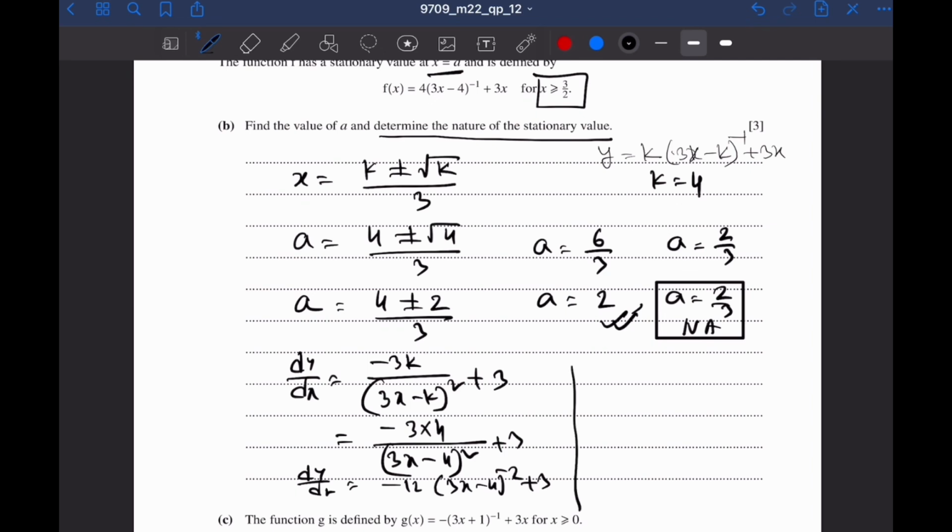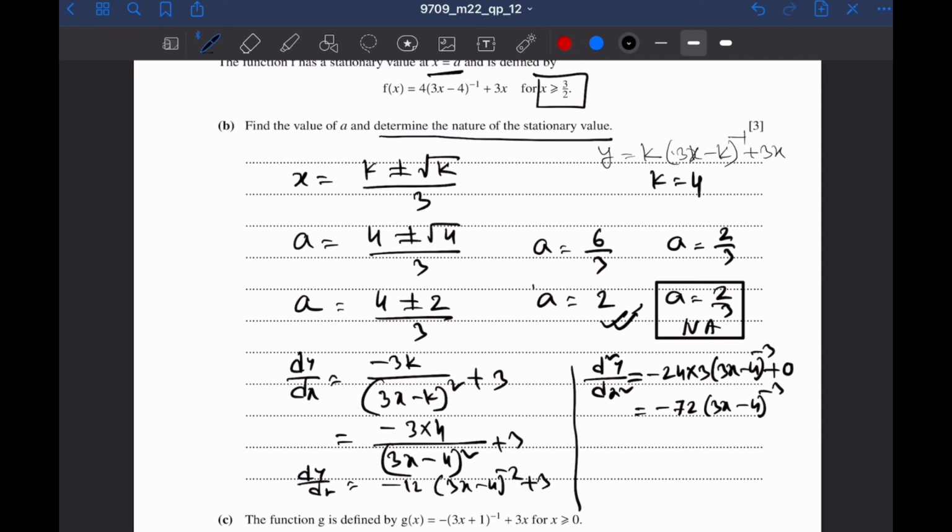Now let us do double differentiation. d2y by dx square equals minus 24 times (3x minus 4) to the power minus 3 plus 0. Okay, minus 72 (3x minus 4) to the power minus 3.